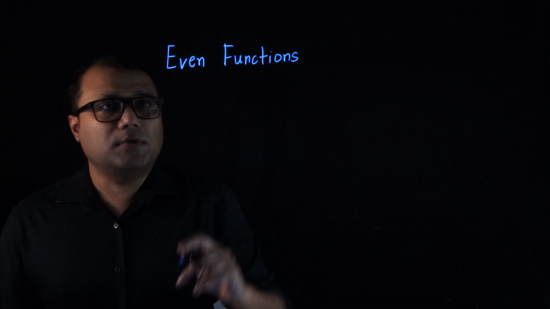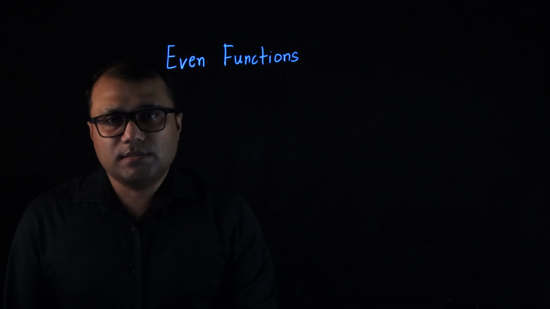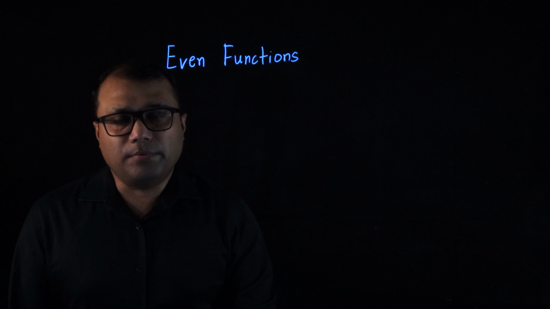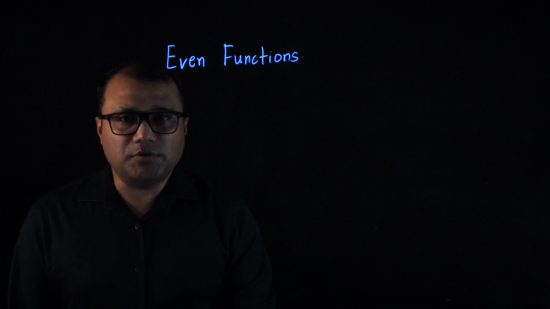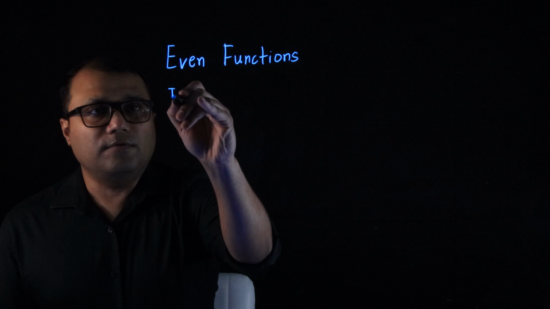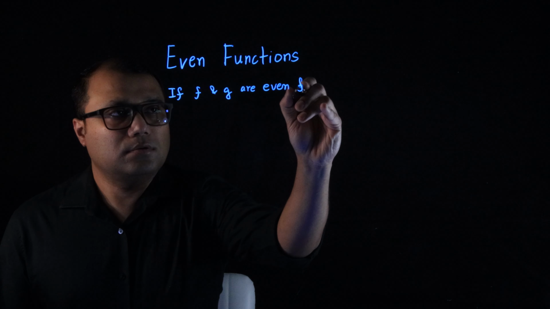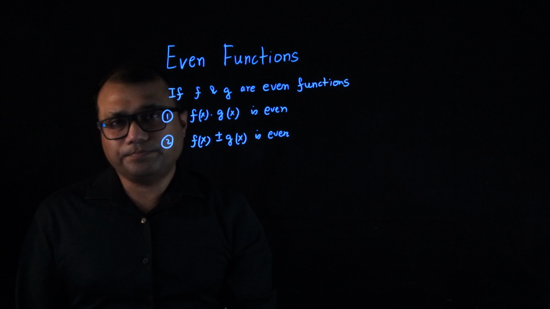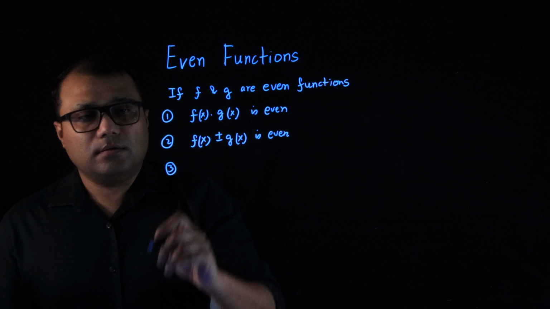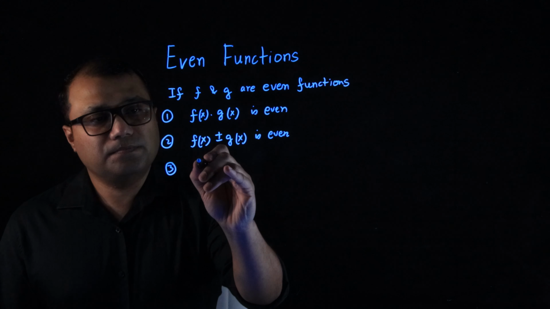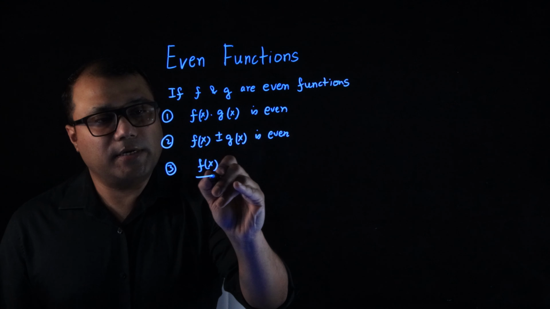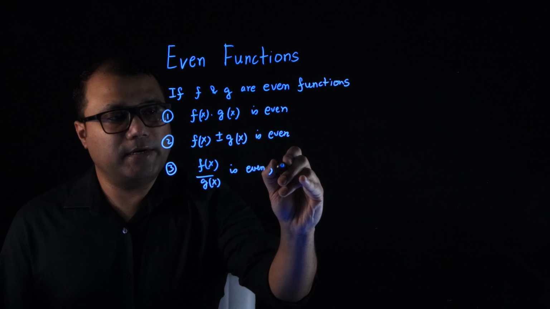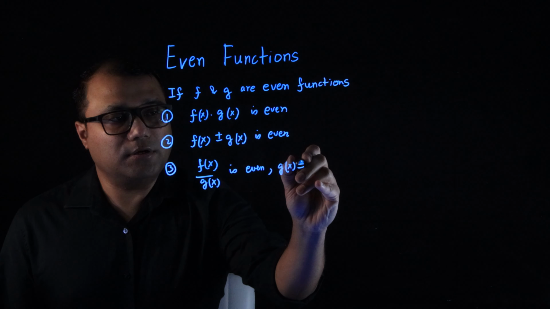First, if there are two functions f and g which are even, then their product and their differences are also even functions. f divided by g, or f x divided by g x, is even, provided g x is not equal to 0.